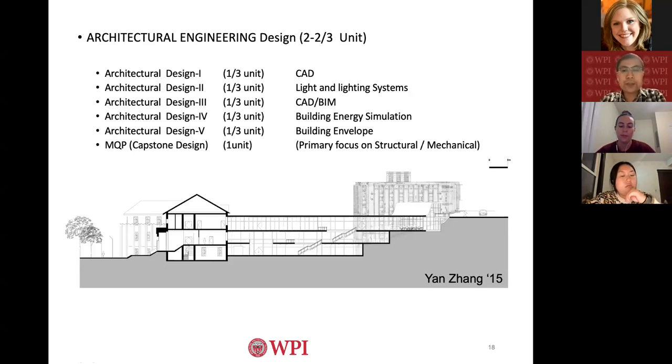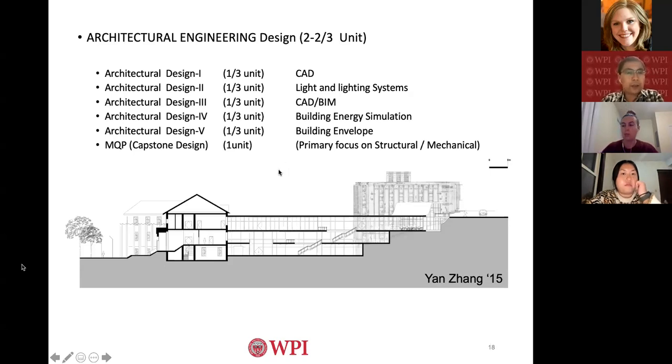The fourth Design Studio is building energy simulation, which supports the sustainability of the building and helps the design achieve net zero or even positive energy design. And the last Design Studio is building envelope, including thermal analysis of the envelope and also the energy part of the entire building as well.